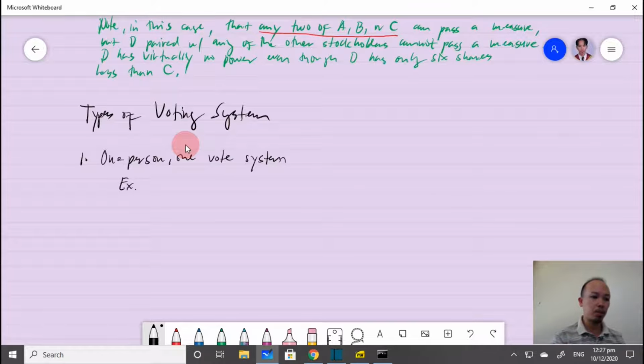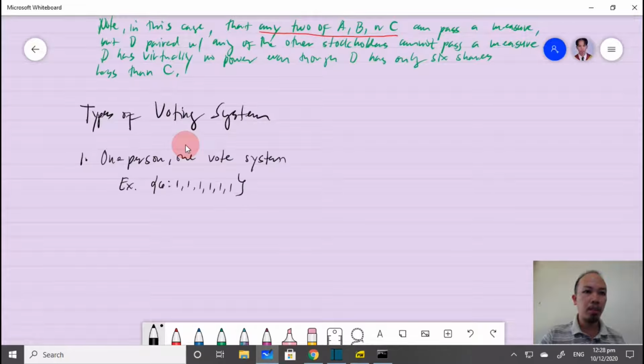When you say one person one vote system, each person in the system has one vote. The weights are equal. For example, we have 6: 1 1 1 1 1 1, with voters 1 2 3 4 5 6. This example is what we call the one person one vote system.